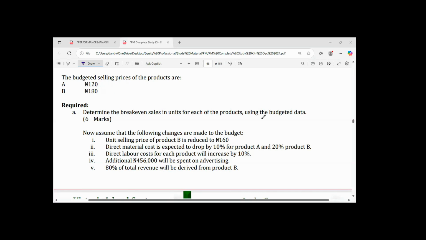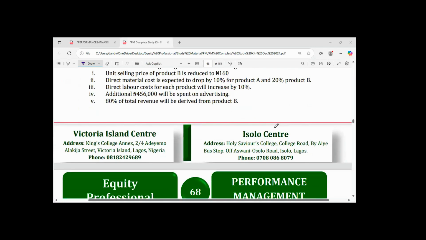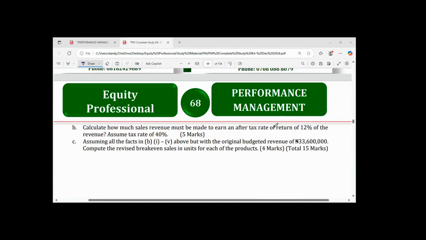Additional 456,000 will be spent on advertising. 5. 80% of the total revenue will be derived from product B. B. Calculate how much sales revenue must be made to earn an after-tax rate of return of 12% of the revenue.